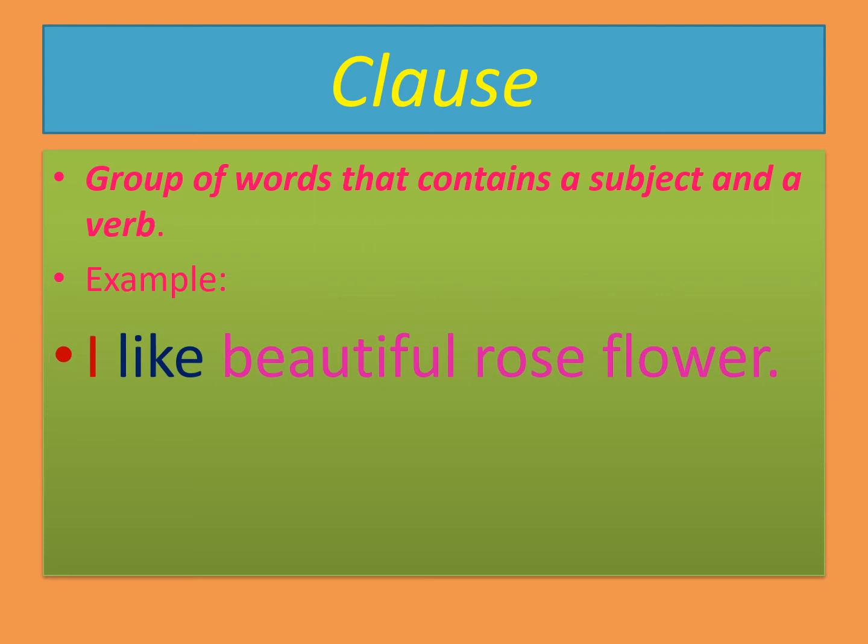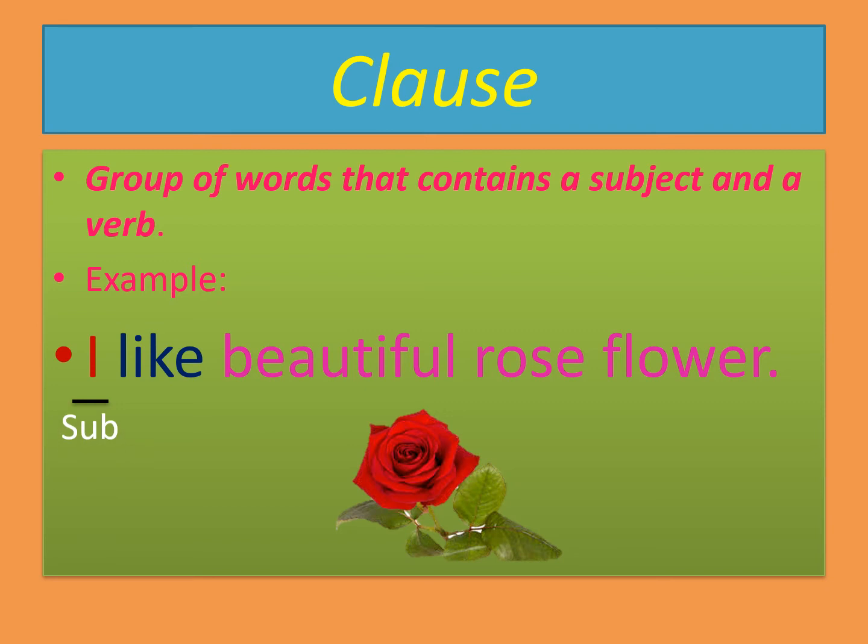I like beautiful rose flower. This is a sentence because this is giving complete meaning. And here the words are arranged grammatically together. So this is a sentence. We can call this a clause because this sentence contains a subject and verb. So what is the subject in this sentence?